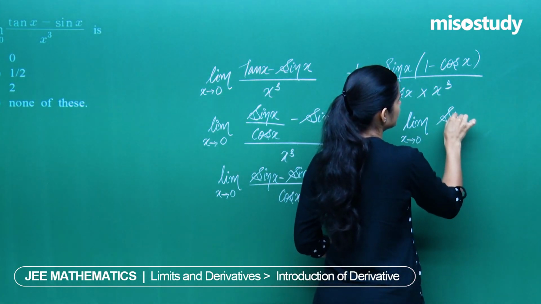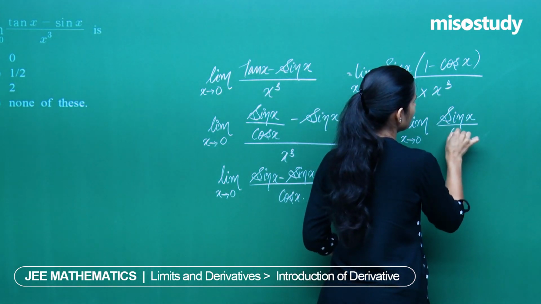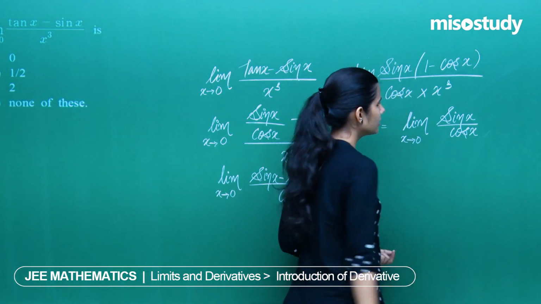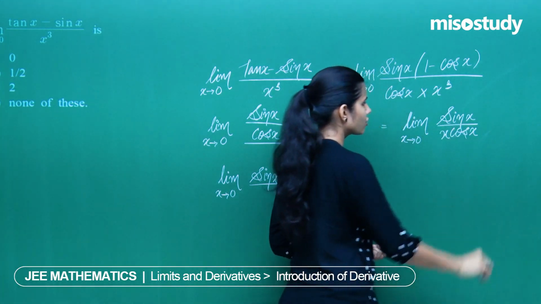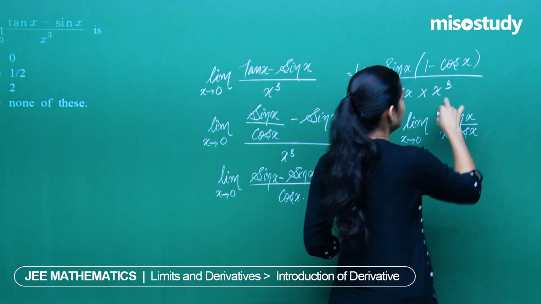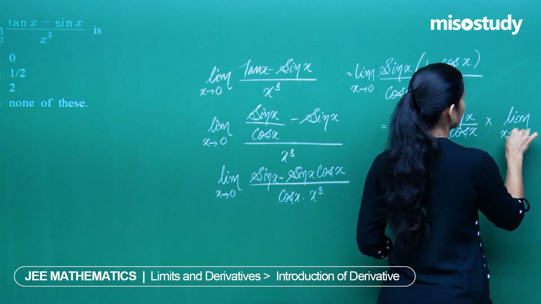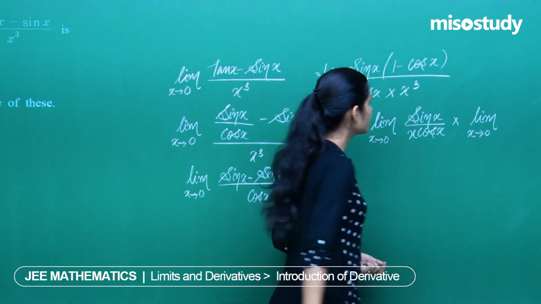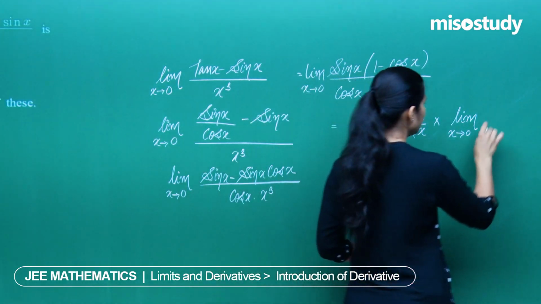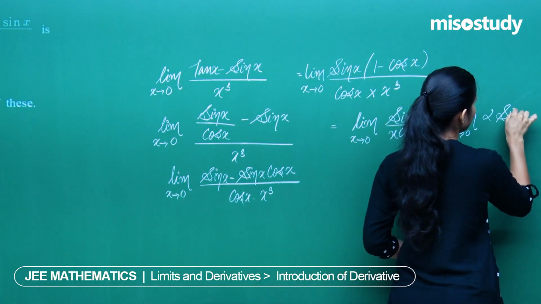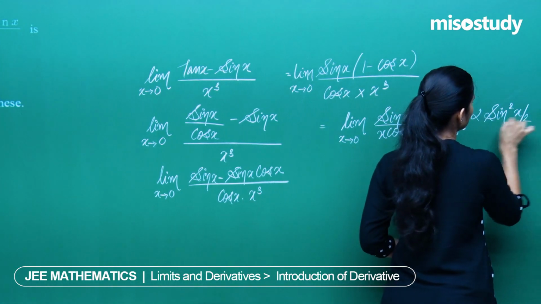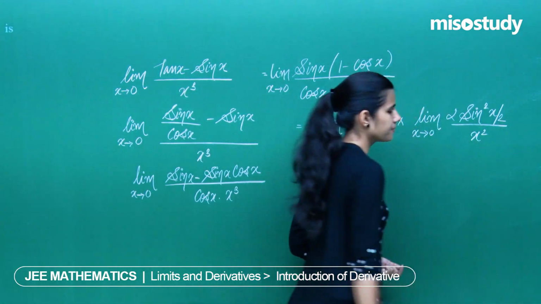I get sin x upon cos x and I put x cos x here. 2 x's are remaining, I just keep it as another expression which is 1 minus cos x upon x square, which is 2 sin square x by 2 upon x square.